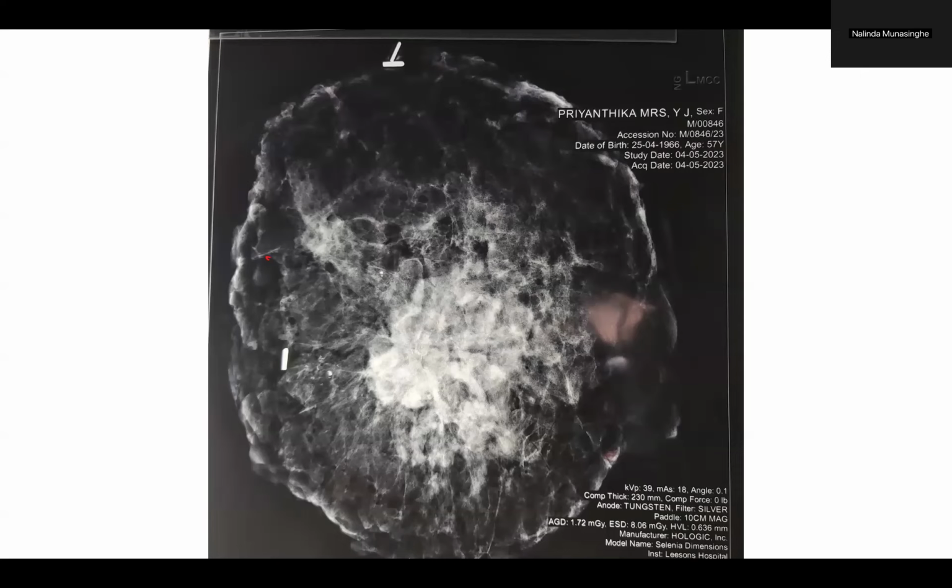It will cut down the redo surgeries in breast conservative surgery. This is the standard practice at Ragama. We do this because we have tremendous support from the radiology department. Whenever we ask, they are geared to help us with these mammograms of the specimens.